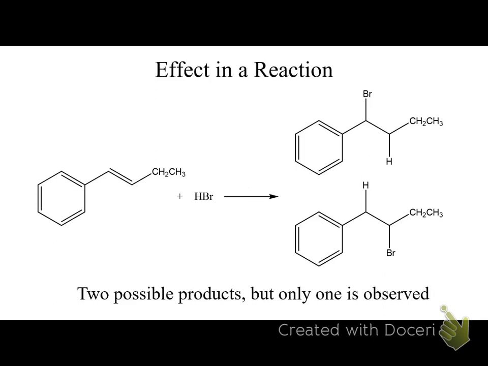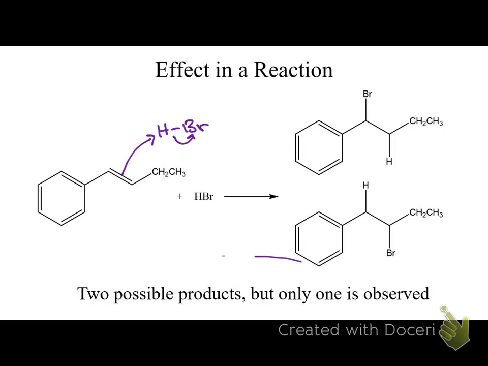Okay, let's just go back for a second. If I think about the mechanism, and this is what helps me all the time, the double bond attacks the hydrogen, and then the electrons break off and go to the bromine.